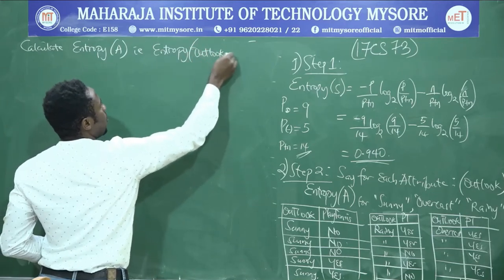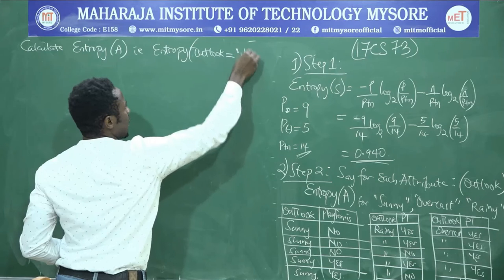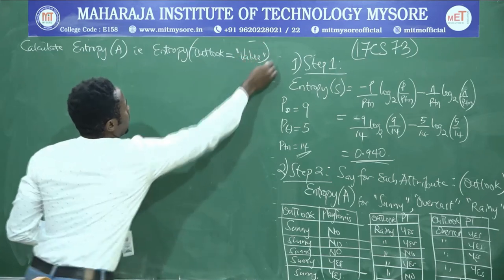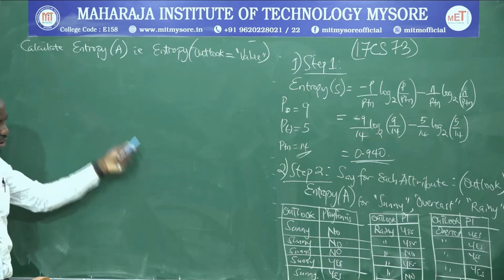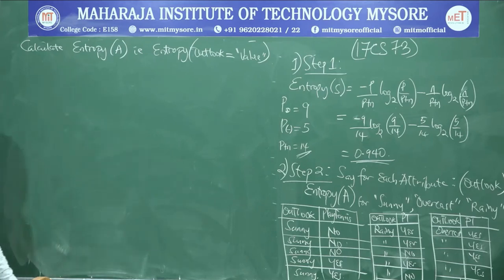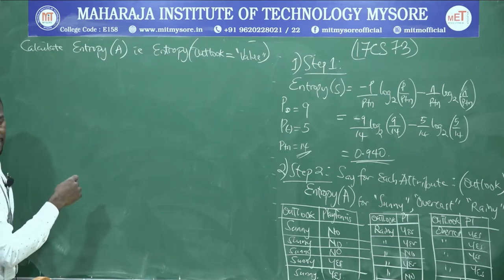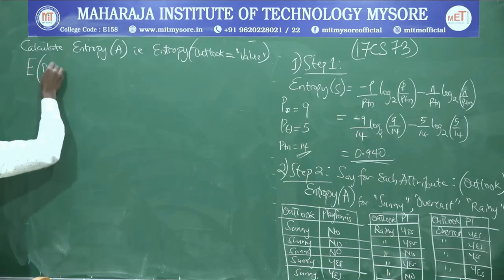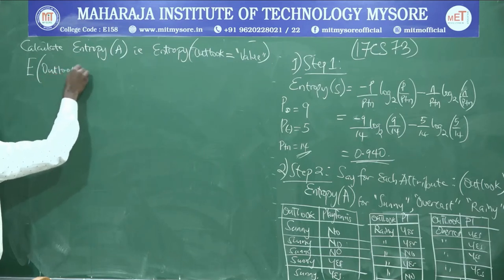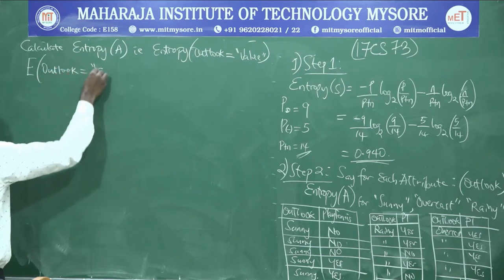That is my A. What is that? Respective value of the outlook, right? So the first one we have to do is entropy of Sunny. Are you there? Fine. Please, the formula is still there, okay? It has not changed. So we call it entropy of outlook. Entropy of outlook equals, let's plug in the value now, Sunny.